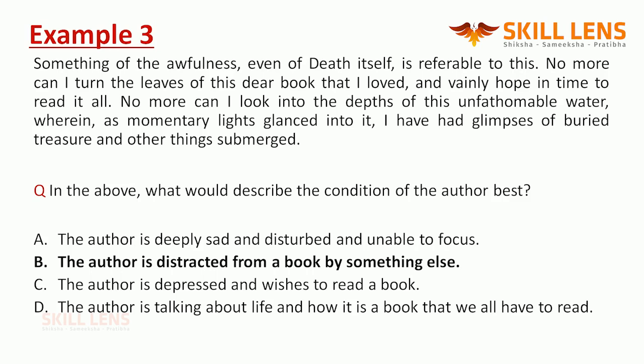So here it is a little bit of understanding of the vocabulary also. The meaning of this is that the author used to love that book, and has read the book a little bit, but is not able to read it further because he is distracted.